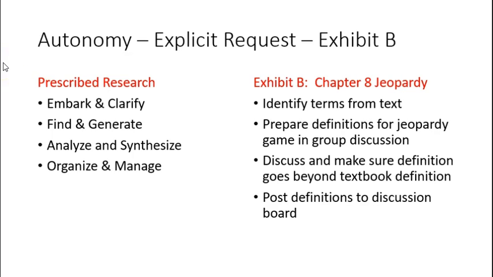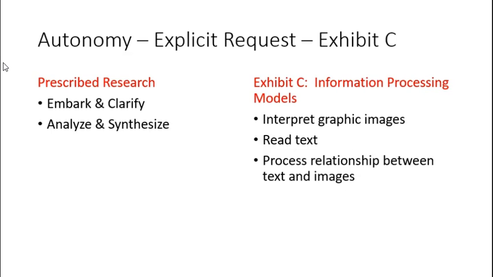Creating terms for Jeopardy from an assigned reading had students embark and clarify, find and generate information, analyze and synthesize information, and organize and manage information. The manner in which these tasks were completed and the criteria for submission were directed by the teacher. The final assignment had students interpreting text and graphics prescribed by the teacher. There was no autonomy in students' choice of reading. Research-related tasks fell under the prescribed level of research.